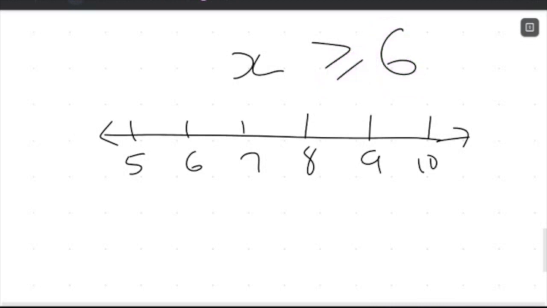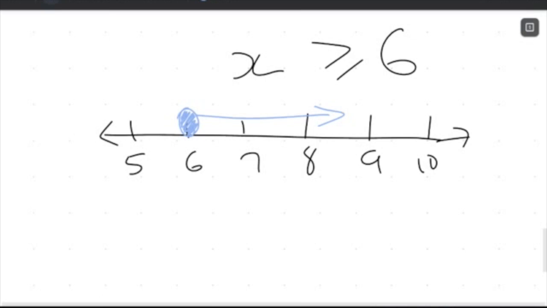It's greater than or equal to 6. That's what this symbol tells me. So if I wanted to draw this on my number line, I would say that the 6 is included, so I'm going to do a closed circle. So it's 6 as well as everything bigger than 6. Every single number to the right of 6 on the number line will satisfy this inequality.